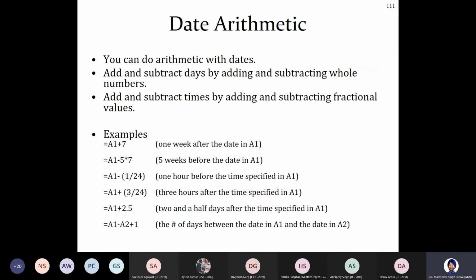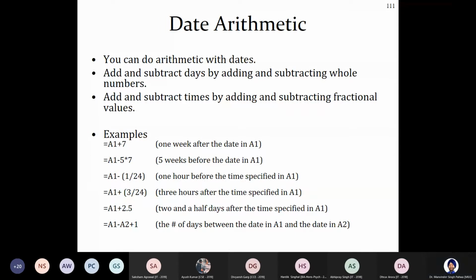Let us proceed. Now there is some arithmetic regarding these dates, how you will be proceeding further. So whatever date you have, if you add something to it, it will show you the results accordingly. Okay, so these are the examples which are given. So you can do arithmetic with dates. You can add and subtract the days by adding and subtracting whole numbers, and add and subtract the times by adding and subtracting the fractional values.